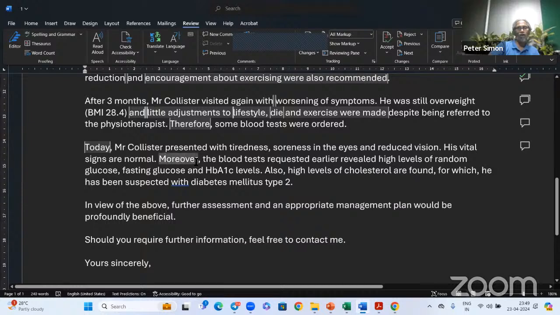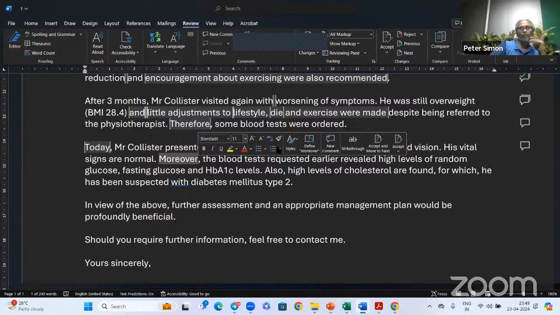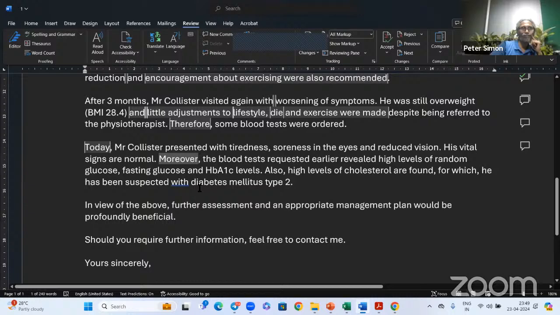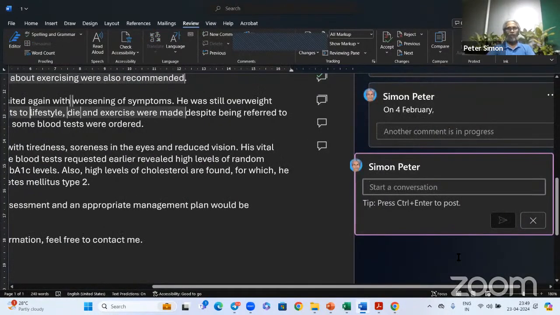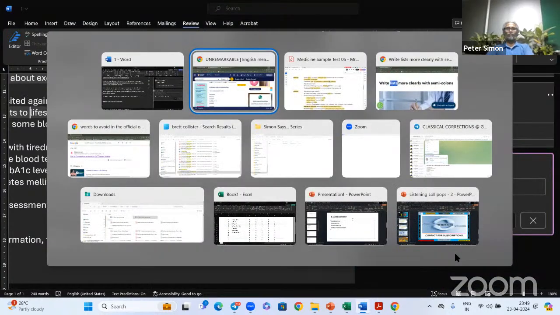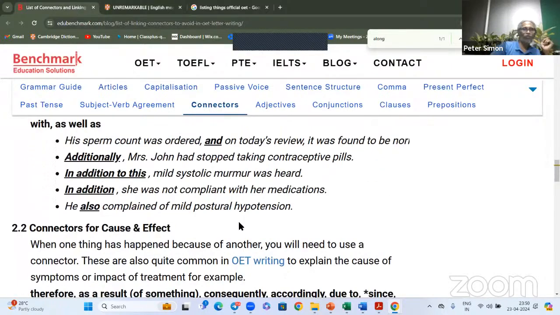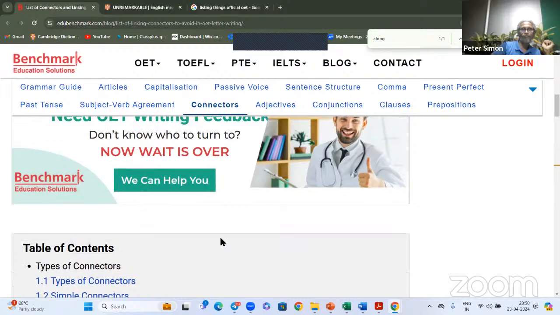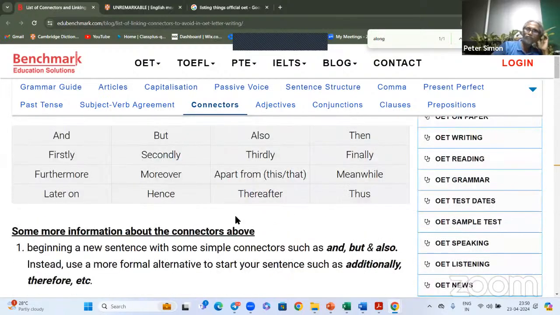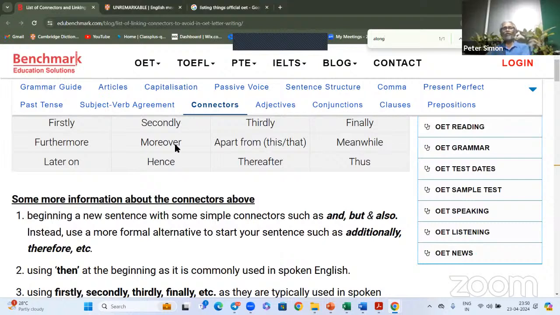Moreover, can you use this word? Moreover, you cannot use this word.